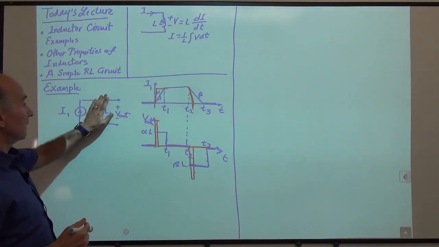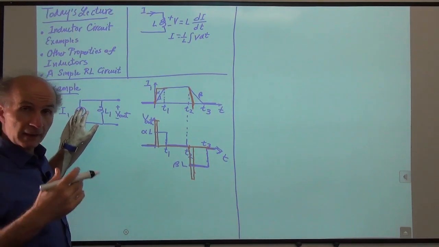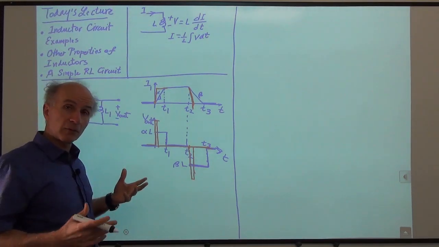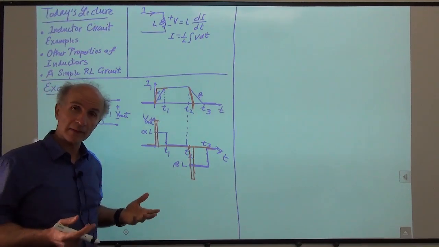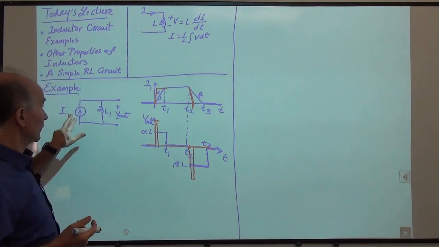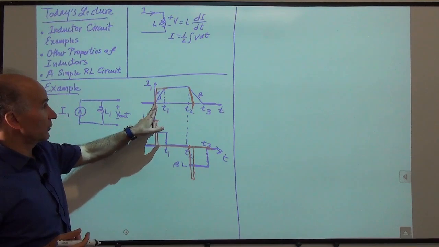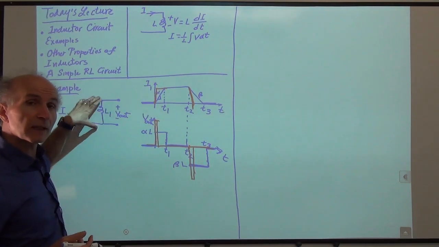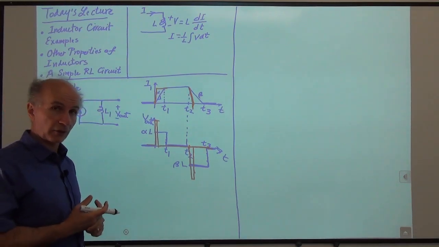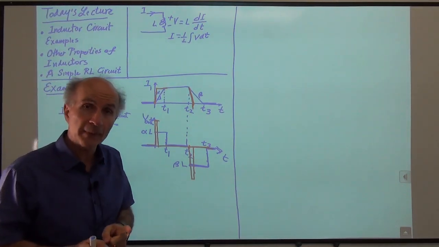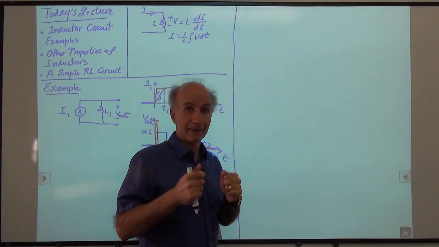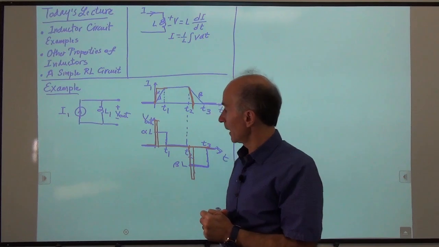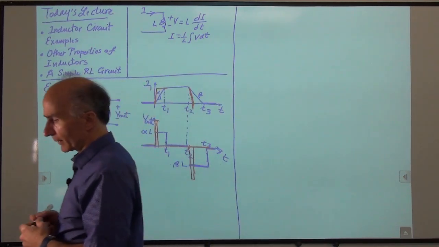If the circuit surrounding this inductor over here is capable of sustaining an infinite voltage, then it's fine, we can do that. In other words, if this current source really can jump from 0 to some amount in 0 time, yes, we do get a very high voltage across the inductor. And in fact, this is a problem in some circuits that can damage some circuits, and we'll talk about that later. All right, so that was one little example.